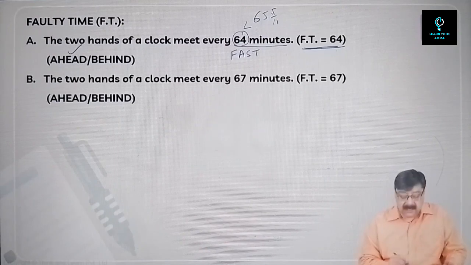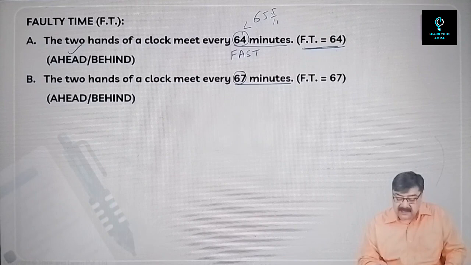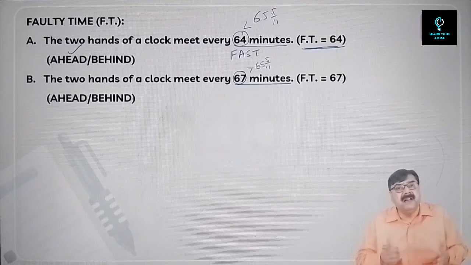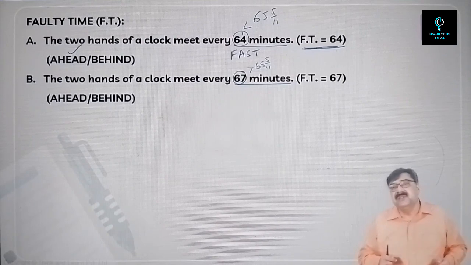Now, similarly, the two hands of a clock, let us say they meet every 67 minutes. Now, 67 here is greater than 65 5/11. Now, this 67 is faulty. The two hands were supposed to meet at 65 5/11 minutes. Any other duration apart from 65 5/11 minutes will indicate a faulty time.